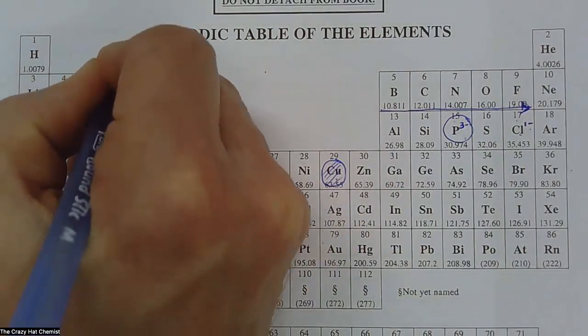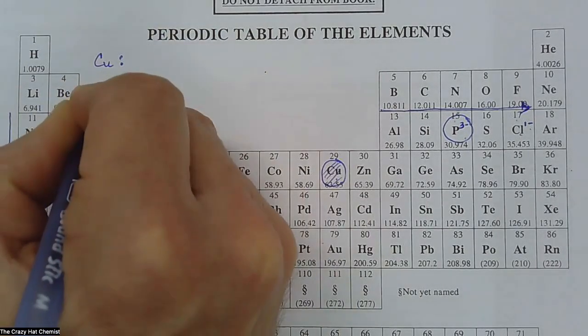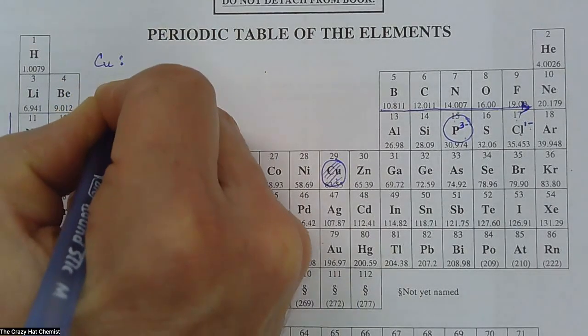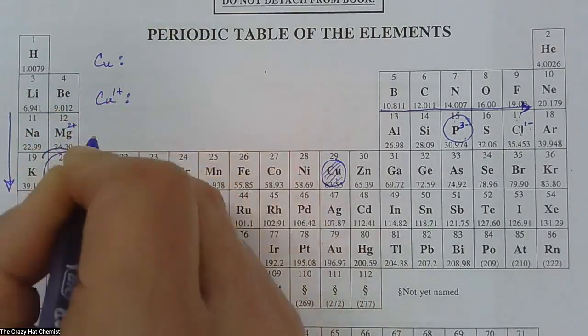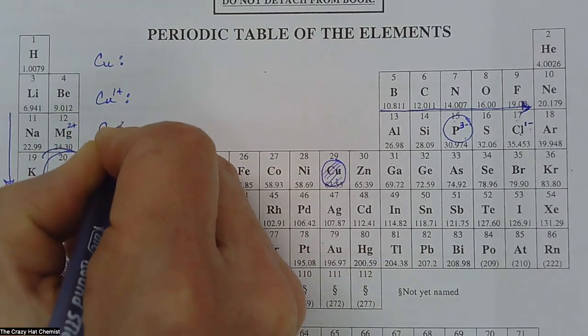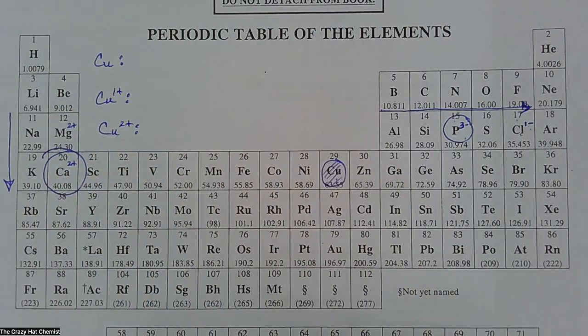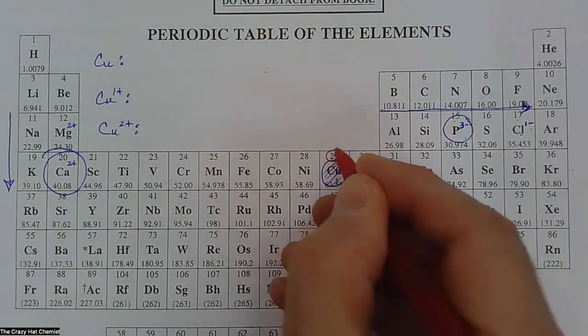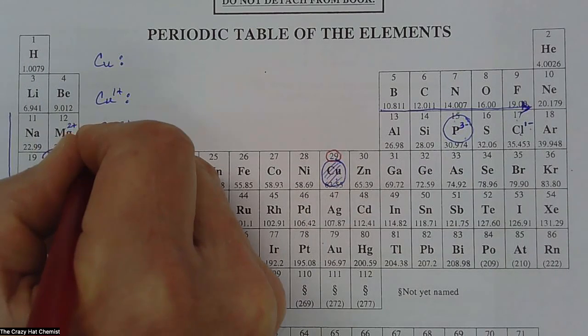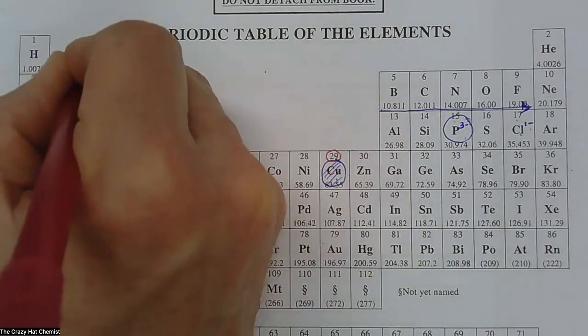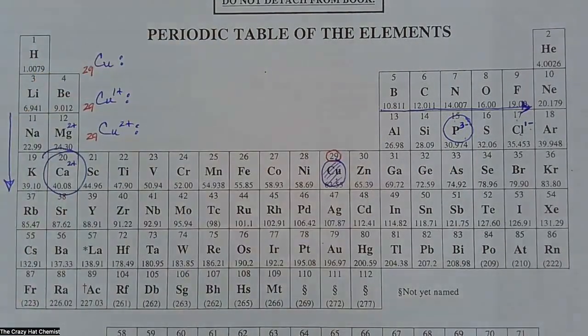That's Cu. Then we're going to write out the electron configuration for the copper 1+ ion. Then we're going to write out the electron configuration for the copper 2+ ion, and then we're going to compare them. So what is remaining constant is the number of protons, and that is 29. So the Z, the atomic number, is 29 for both of these.